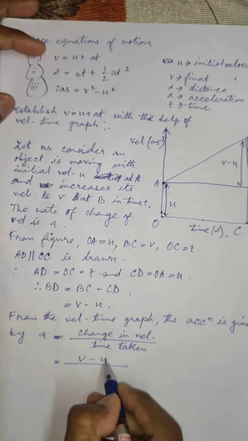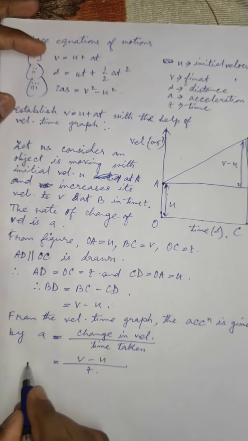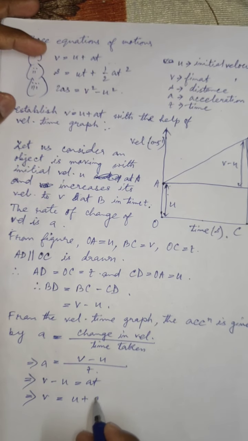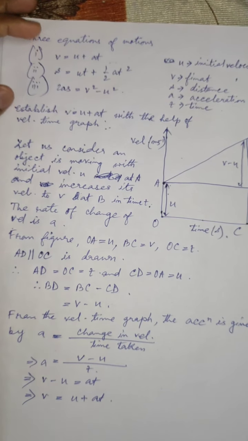Change in velocity is V minus U and time is t. Now do the cross multiplication, it is V minus U equal to AT. Now transpose, V is equal to U plus AT. Now see, the first equation is established, and in this way you have to establish number 2 and 3 also.